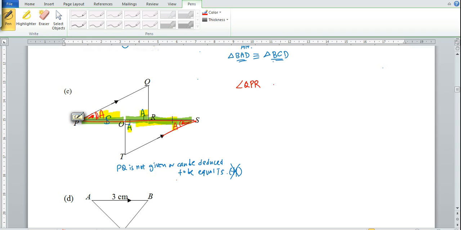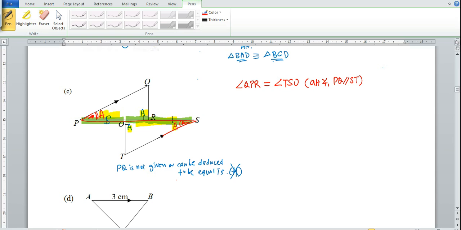Angle QPR is equal to angle TSO. Q matches with T, the tip of the parallel lines, P matches with S, and R matches with O. So this is my alternate angle because PQ is parallel to ST. Okay, so this is my first A.